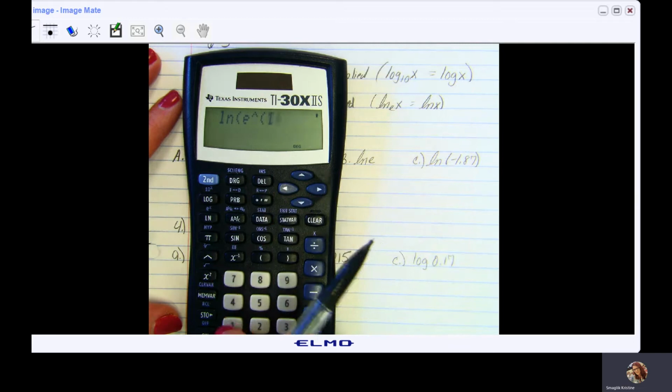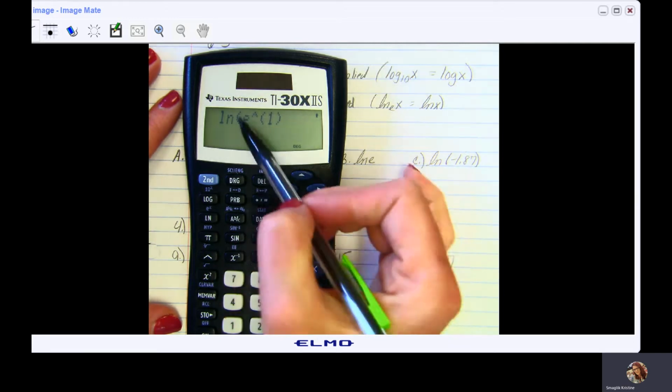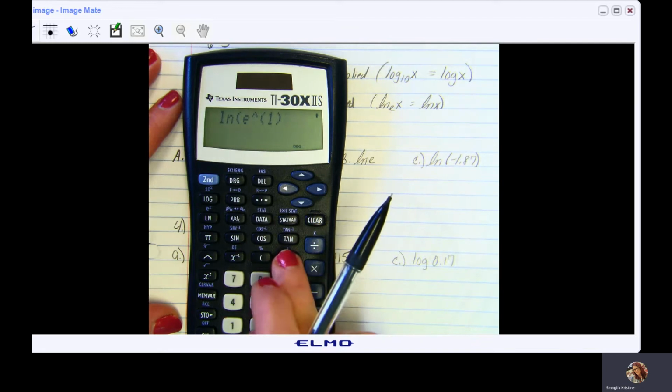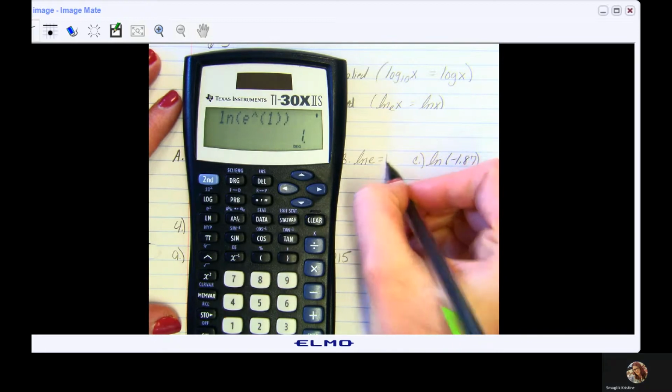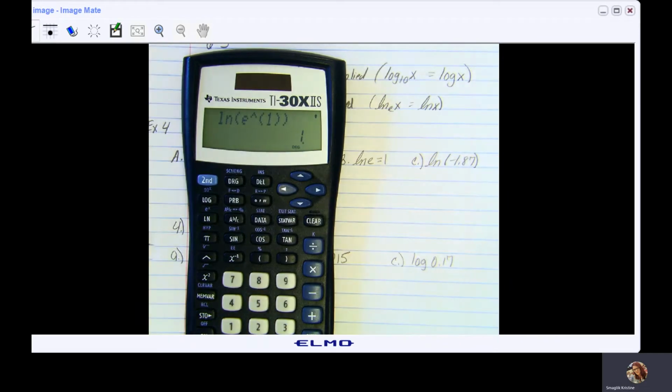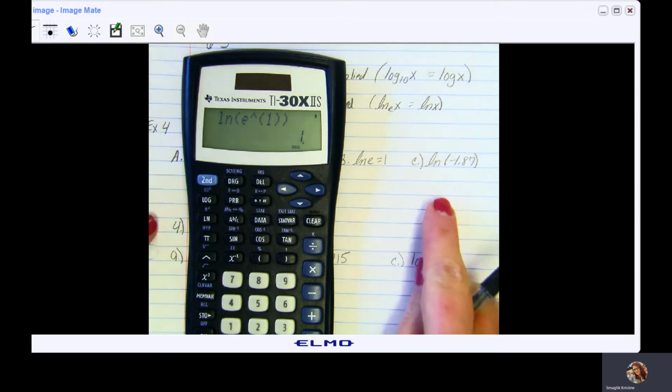We don't see it. I'm going to close the parenthesis on my exponent, and then I have to close my parenthesis on the entire argument and hit equal. And we get 1, because the natural log is the inverse of e. They undo each other.